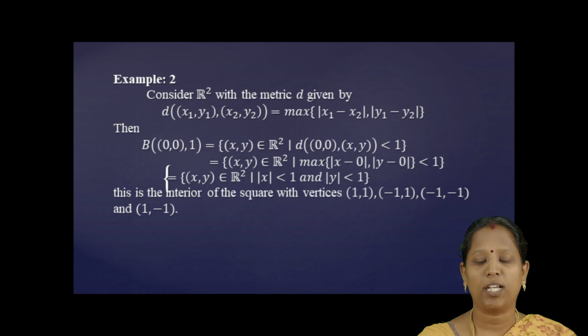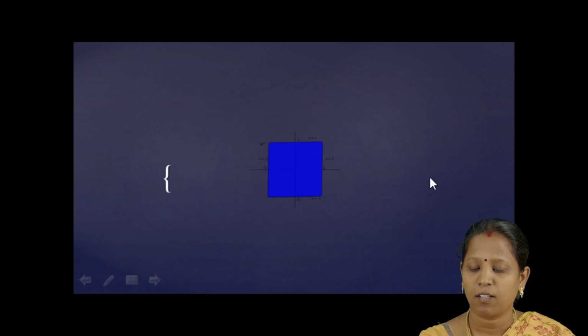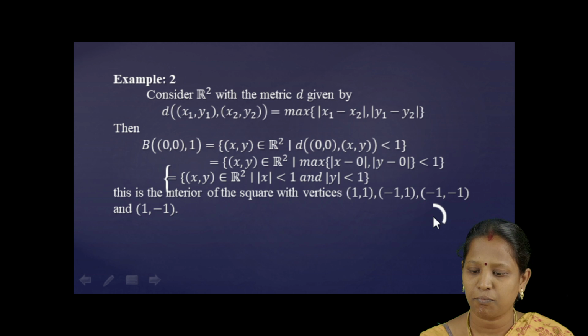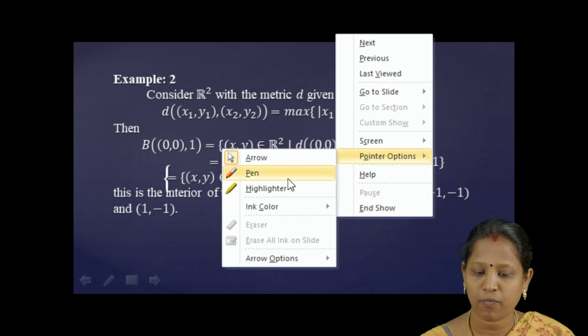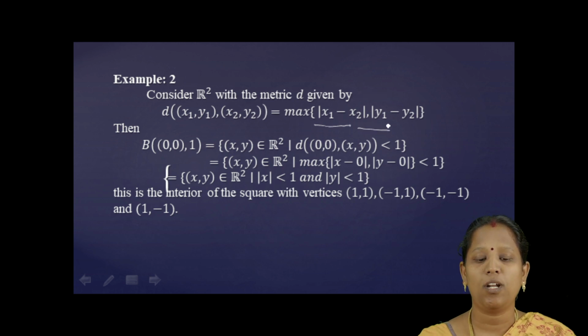what is an open ball in R2 with the metric d of (x1, y1) and (x2, y2). Here the metric is the maximum of the distance between the x coordinates and the distance between the y coordinates. So the open ball with the center as origin and radius 1 is the set of all points (x, y) in R2 such that the distance between the origin and the point is less than 1.